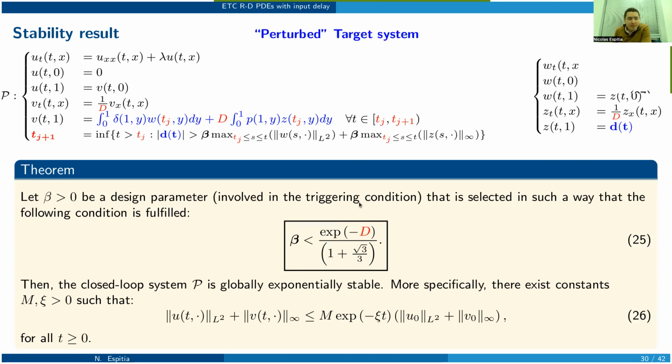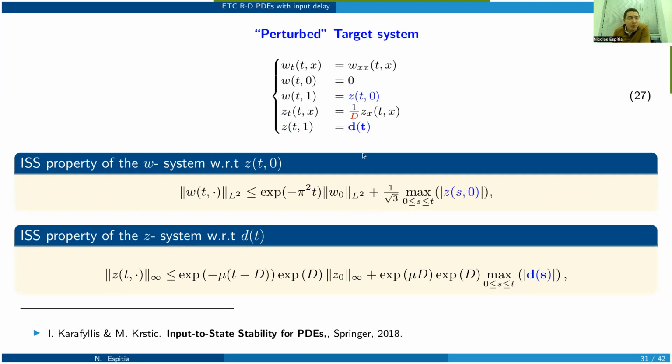For the stability analysis, we rely on the target system. We recall that we have here the perturbation that propagates, but before it reaches the left boundary, this term here can also be considered as a boundary perturbation for the parabolic part.